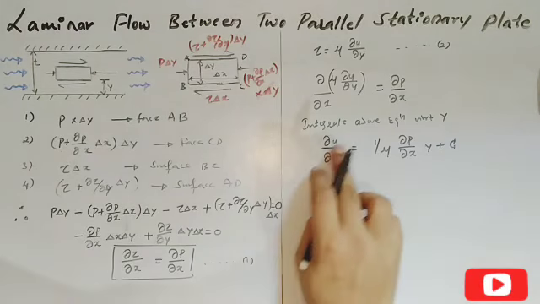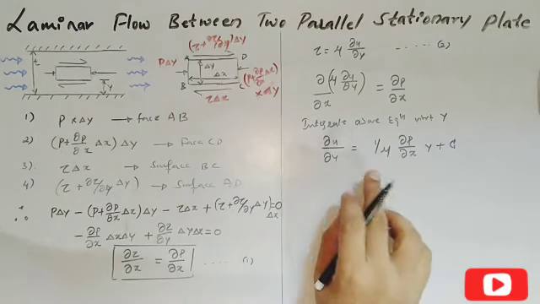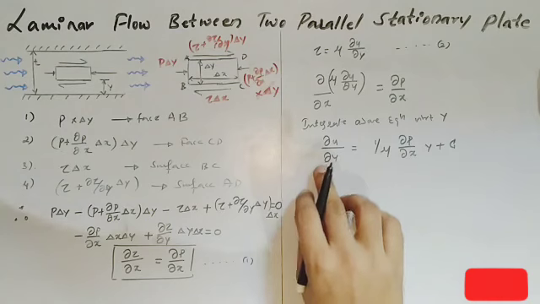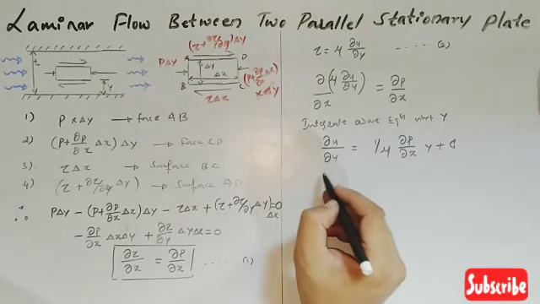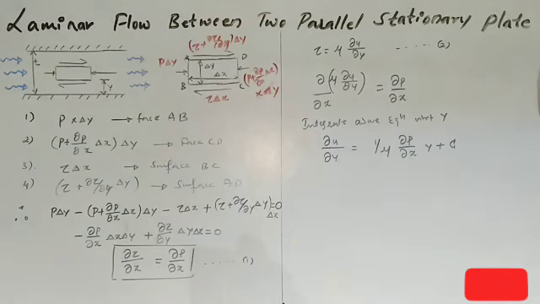Now still it is not completely in a single equation. We again need to do one more integration with respect to y, because the velocity will be in the form of u.